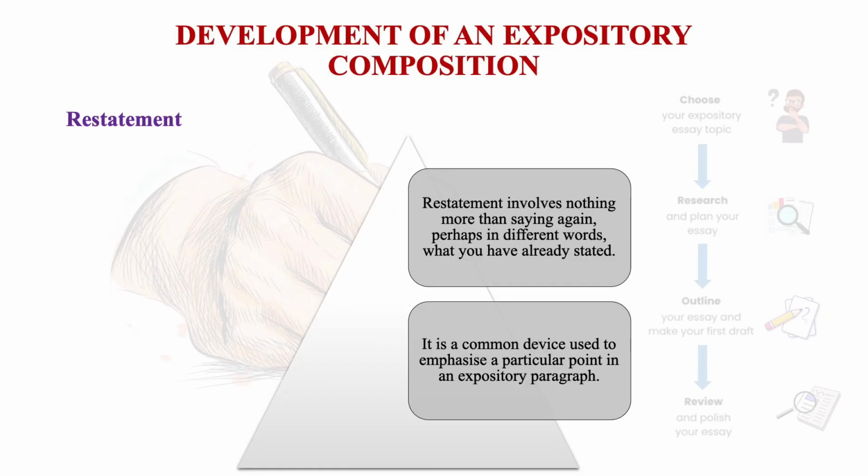This is known as the restatement technique, in which you simply make use of that word again and again. Remember that it is a common device used to emphasize a particular point in an expository paragraph. So if there is a particular point which needs to be emphasized, then you repeat that sentence again and again.